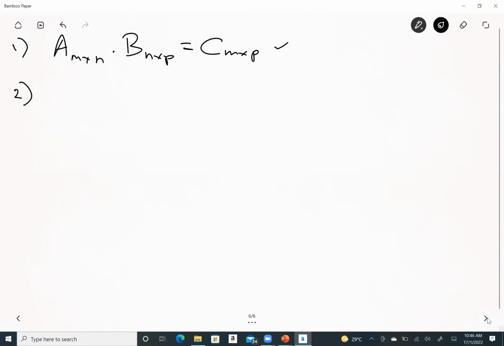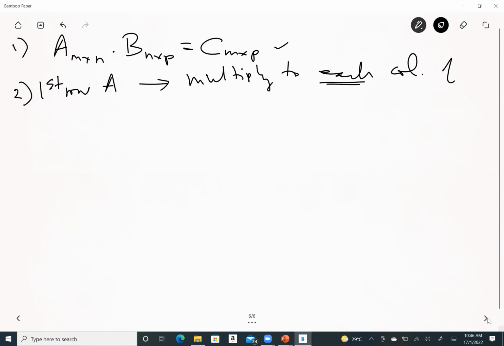You start with the first row of A. You multiply to each column of B, in order: first row, first column, first row, second column, and so on.